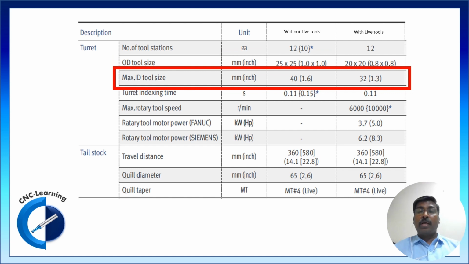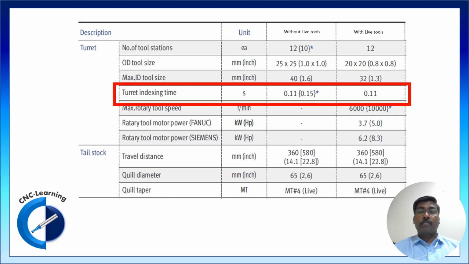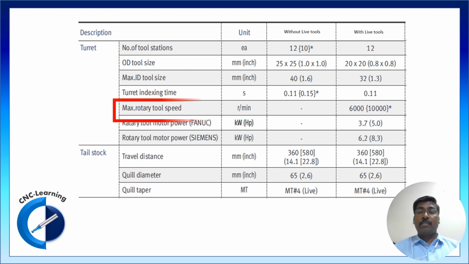Maximum ID tool size for the machine without live tools is 40 mm. Turret indexing time is 0.11 second. Maximum rotary tool speed is applicable for live tool, so 6000.